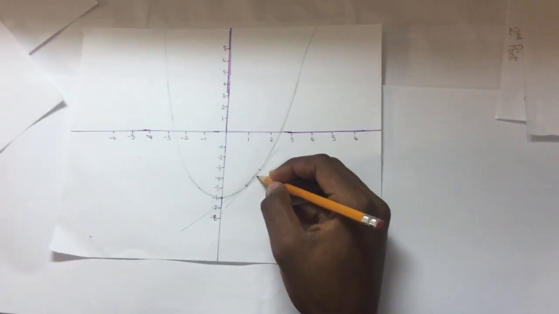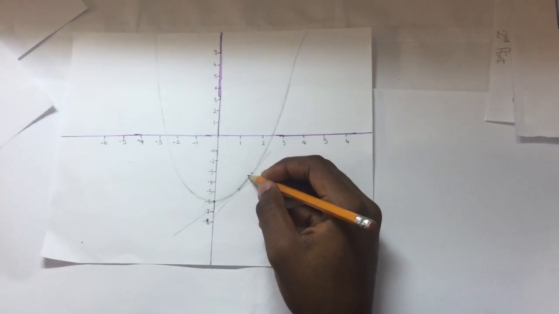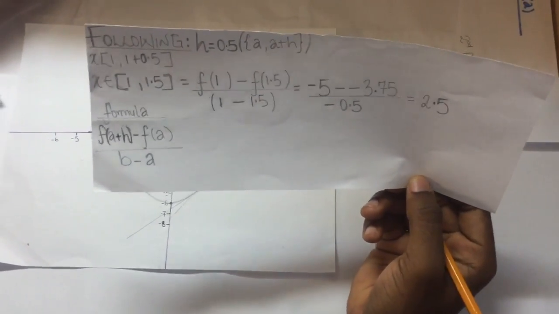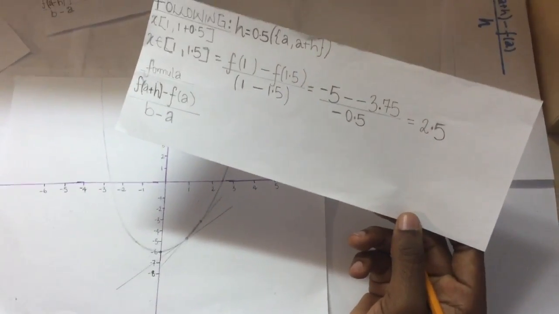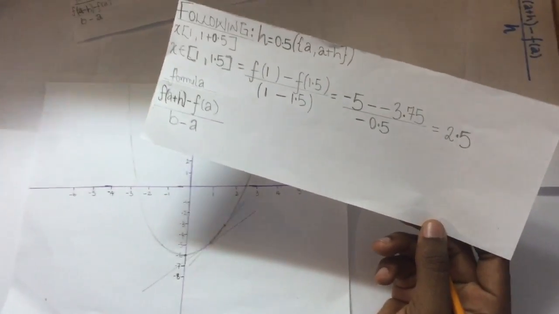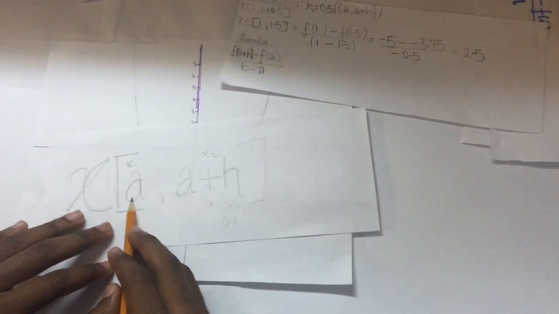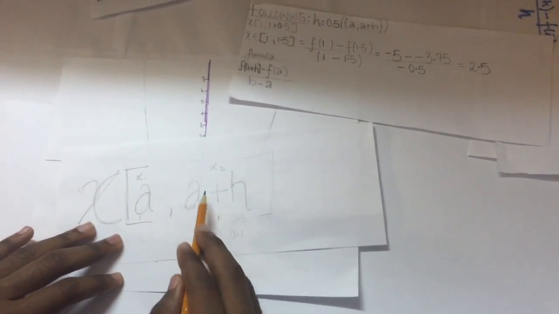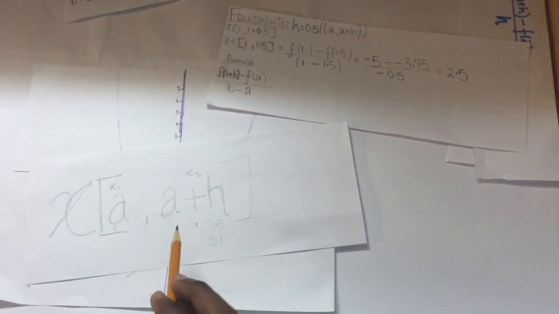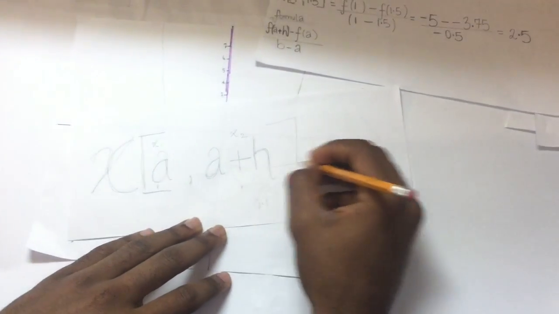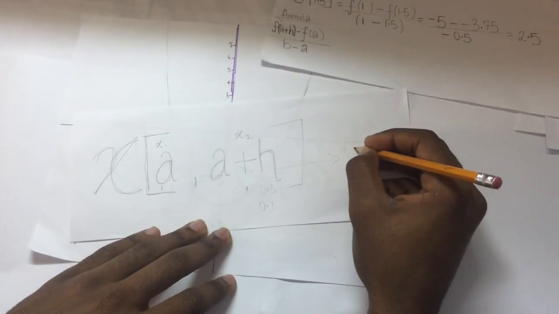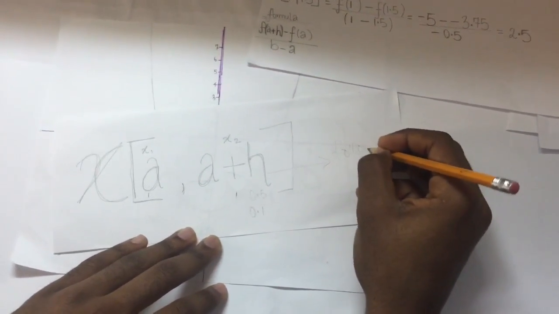Okay, so another point that should be considered is the preceding value. If you remember, the first time we did this, we used this equation, which was a bracket this plus h, and so this would give us the following value.